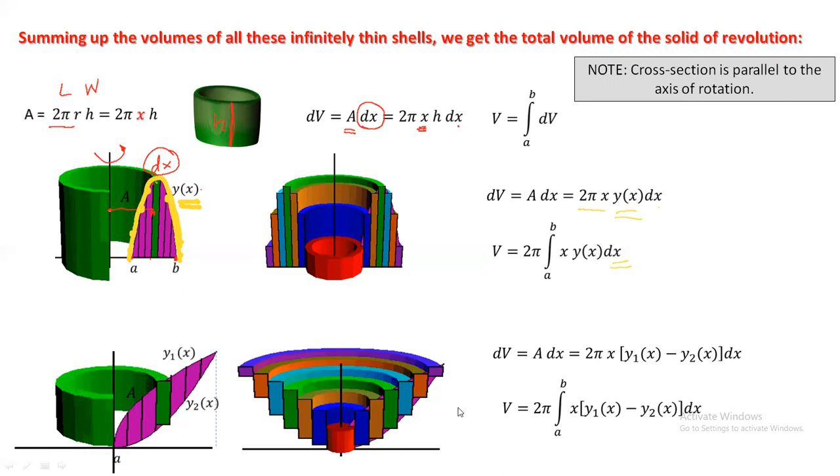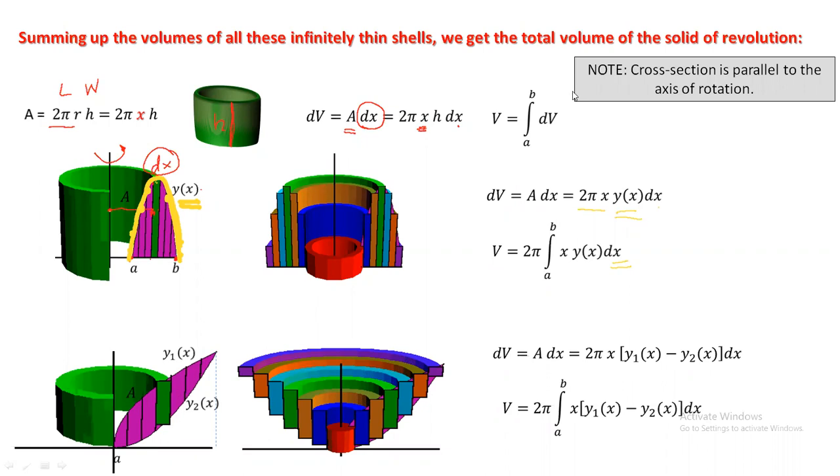So you are summing up the volumes of all the shells of your solid of revolution to get the volume of the entire solid. Now, what about this particular solid of revolution here? A while ago, we used the washer method for this because of our axis of rotation.